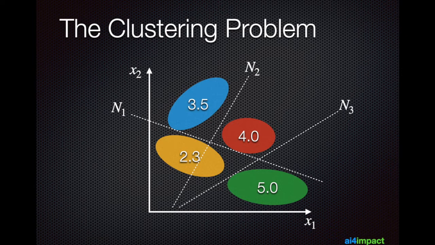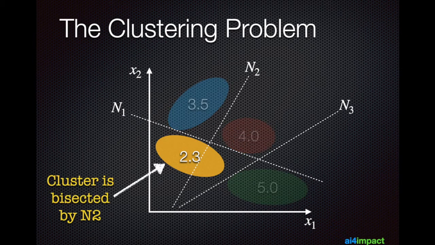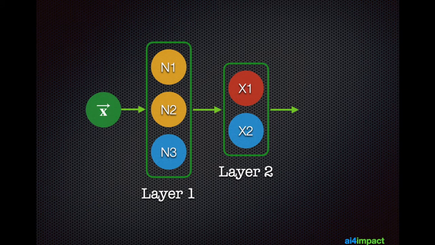What we notice here is that N2's boundary bisects the region for 2.3. And this is not a good thing, because ideally we want each boundary to separate two different regions cleanly. How do we solve this? Well, in the second layer, let's focus on a neuron X1.